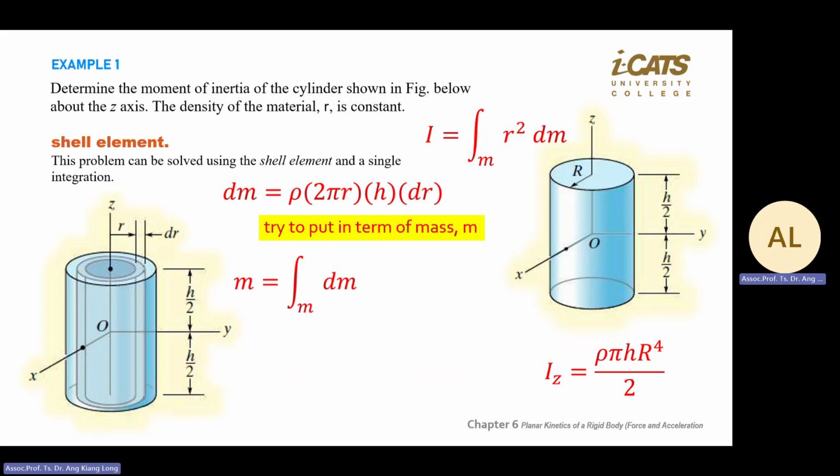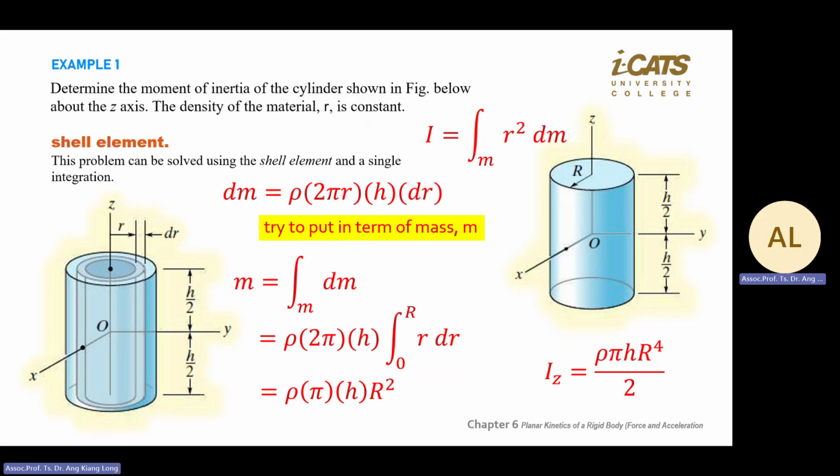So you integrate dm to find mass: 2 pi r multiply h multiply rho, and your r is changing, so you integrate the r. So the m is equal to rho pi h r square.